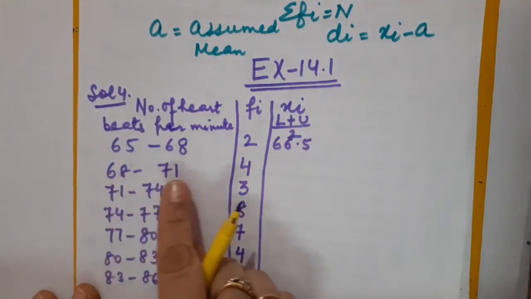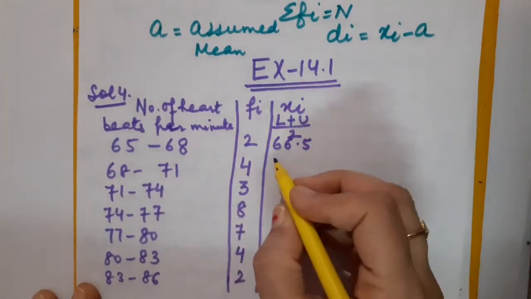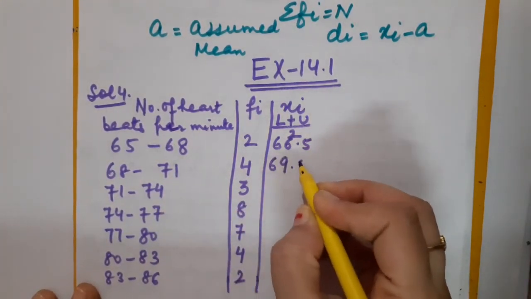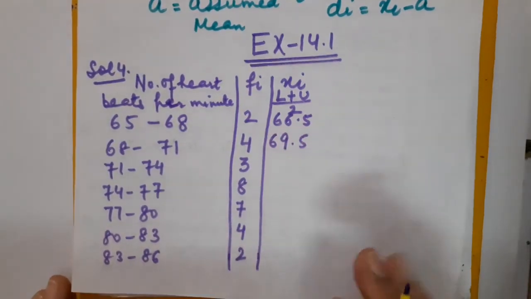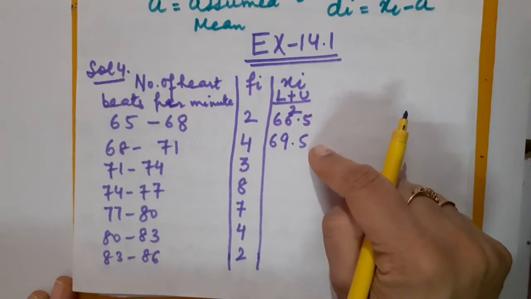In the same manner, 68 plus 71 gives 139, divided by 2 gives 69.5. From this data you can observe that there is also a gap of 3.